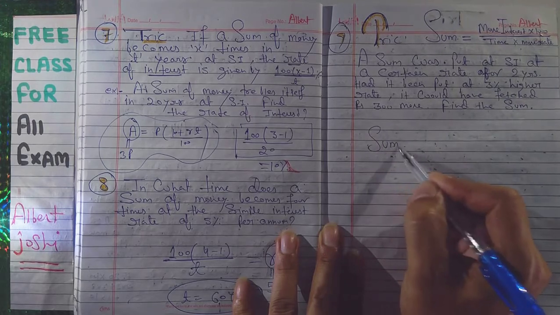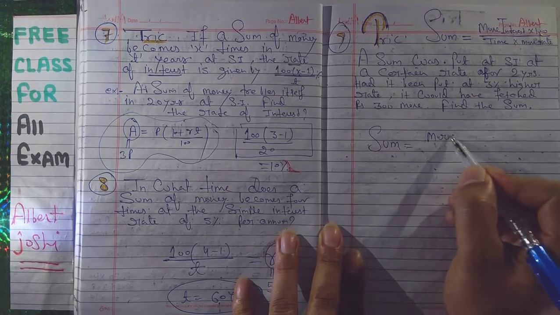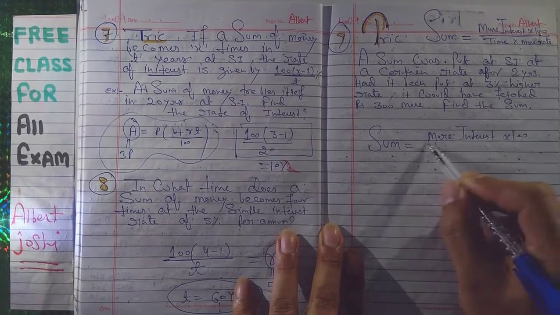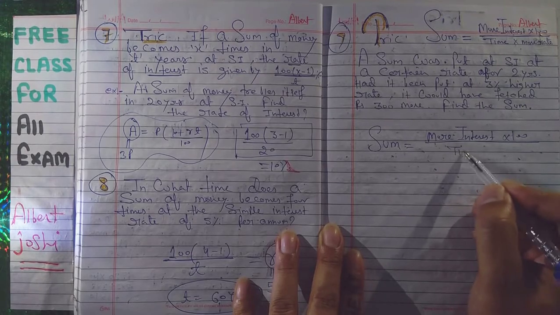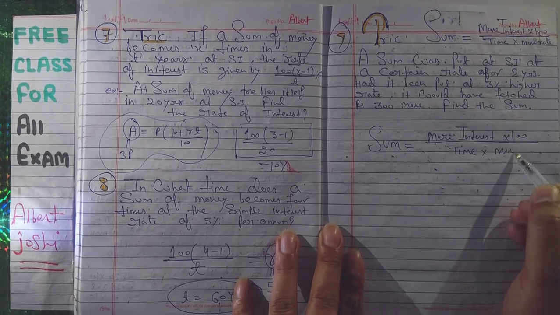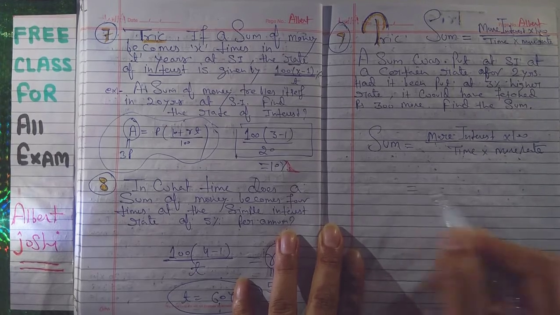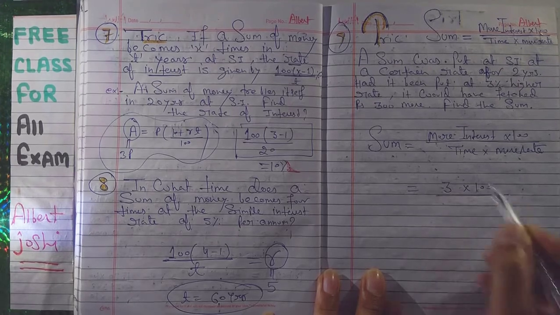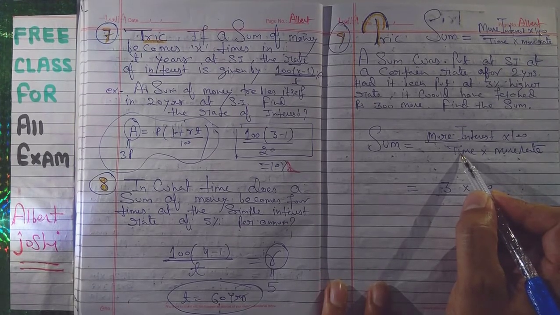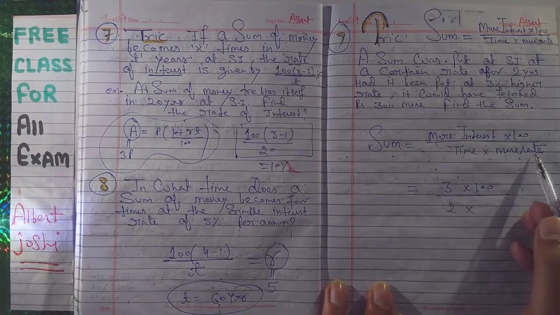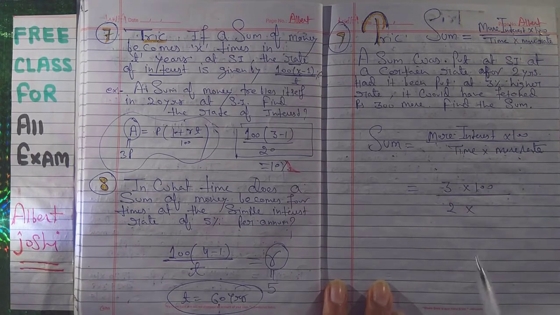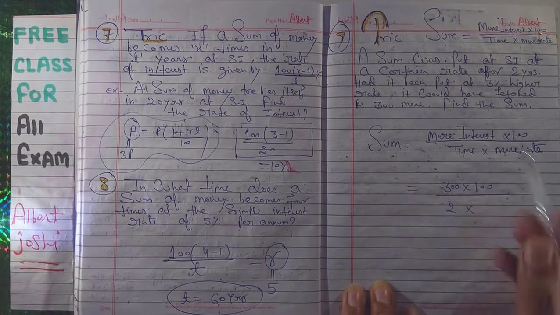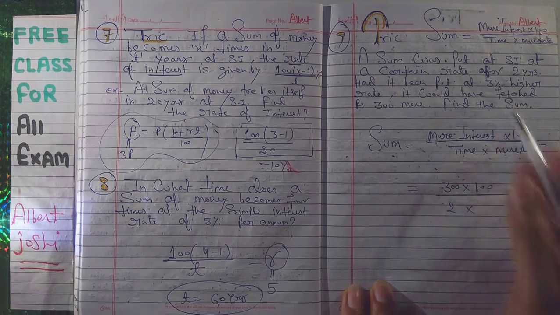Your sum is equal to more interest into 100 upon time into more rate. The more interest is 300, the total time is 2 years, and the more rate is 3%.